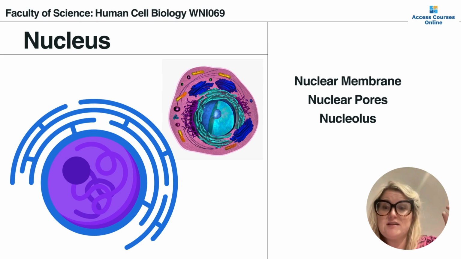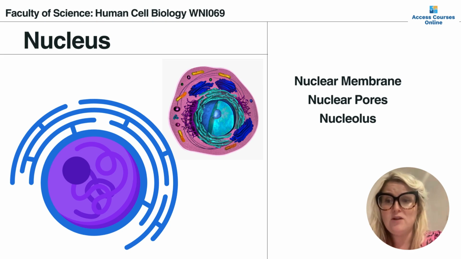So the nucleus contains chromosomes. Those chromosomes are wound tight storage mechanism of DNA, long strands of DNA. And in a classic human cell, we'd have 23 pairs of chromosomes, one from mum, one from dad, so 46 in total, with the exception, obviously, of sperm and egg cells, which only have 23.